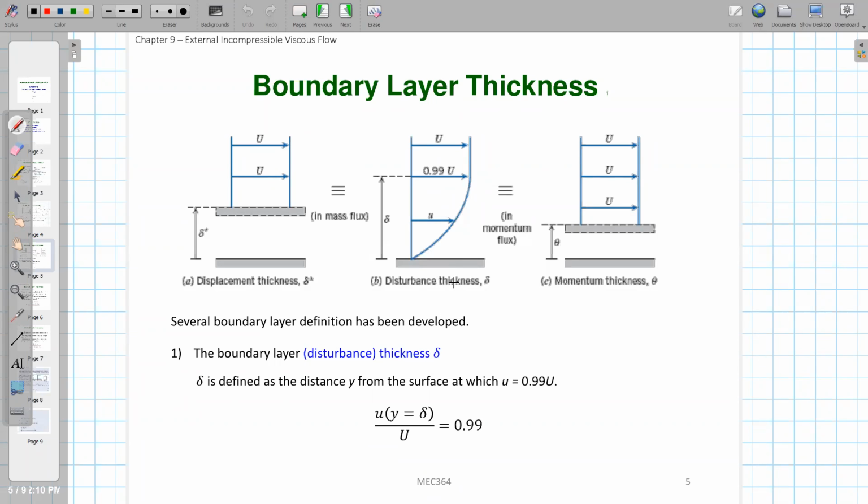The change of u approaching this big U is an asymptotic behavior, so we cannot really find a location at which u becomes exactly big U. So we define this thickness delta so that at this delta, the small u becomes 0.99, 99% of the free stream U.